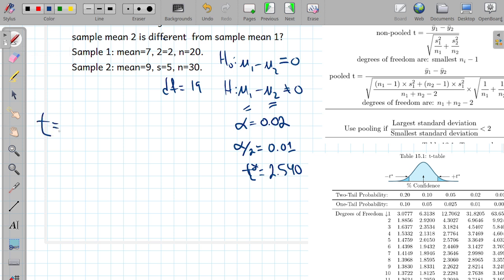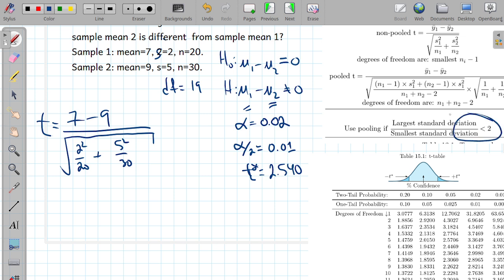Now, we want to go 7 minus 9, and then we're down here. Now, sample 1 had, again, another typo. This will be 2 squared over 20, and then we're going to have 5 squared over 30. Much simpler this way.